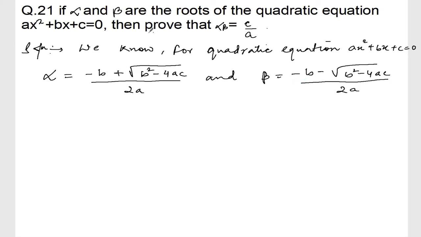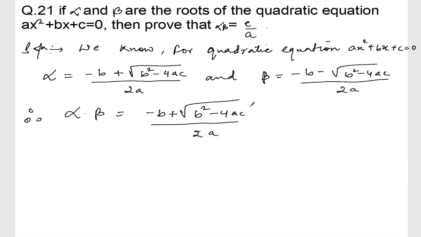Now prove that alpha into beta is equal to c by a. So alpha into beta, let us multiply these two: minus b plus root over b square minus 4ac divided by 2a into minus b minus root over b square minus 4ac divided by 2a.